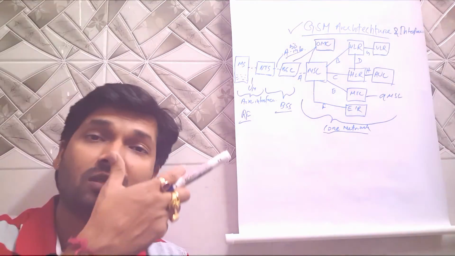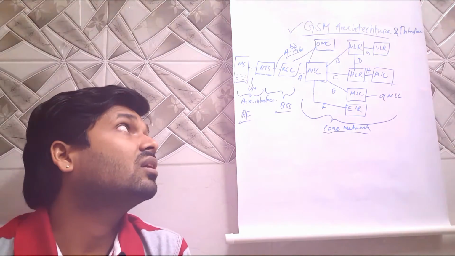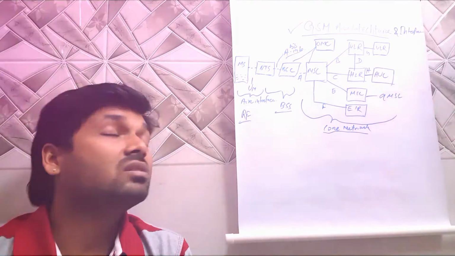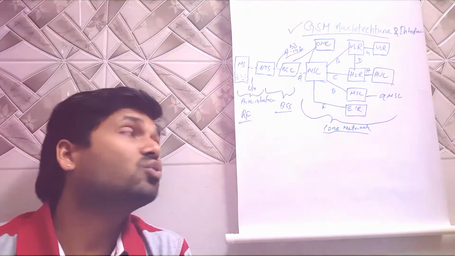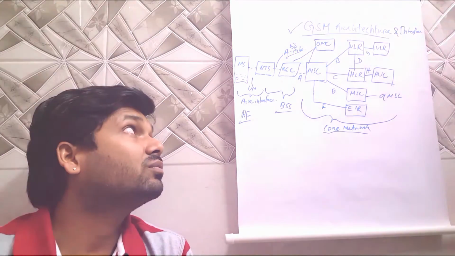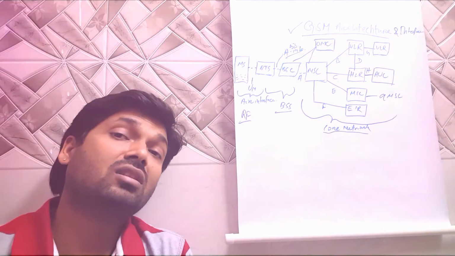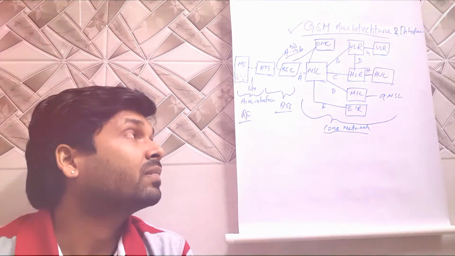Then we have the BSC, which controls the BTS or multiple BTS functions. Multiple BSCs are connected to the MSC, and the MSC controls the BSC. BSC is the base station controller, and MSC is the mobile switching center.